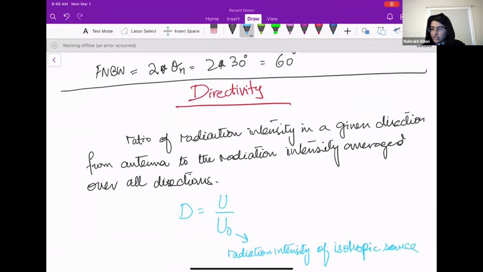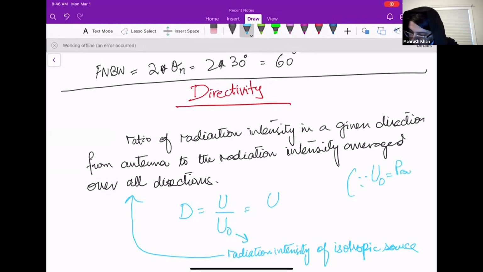We know that the radiation intensity of an isotropic source is P rad by 4 pi. If I replace this here, it will become this.